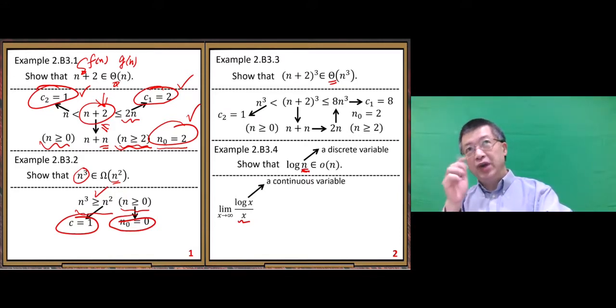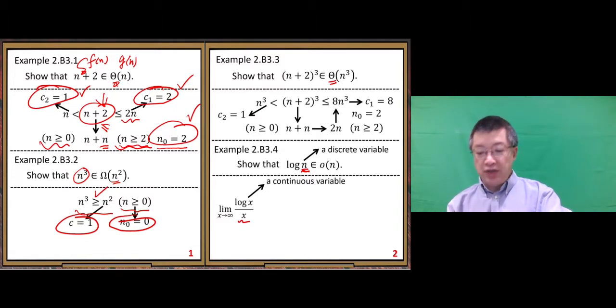When you do your homework assignment, you should be careful on this point. Based on my experience, many students still work on the discrete variable directly. When they take the derivative, they apply it on functions with discrete variables.